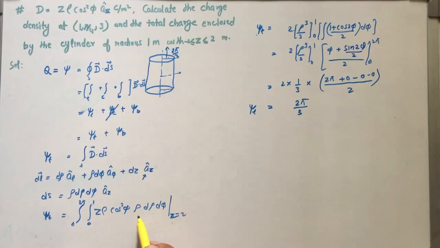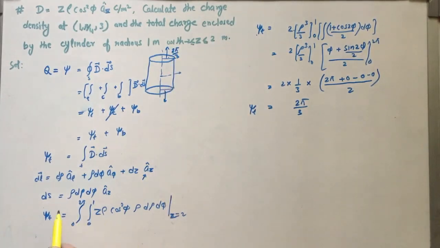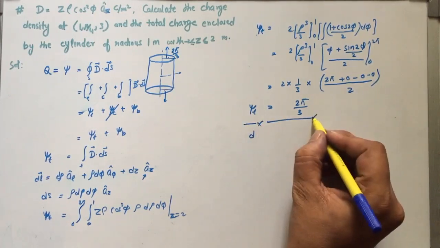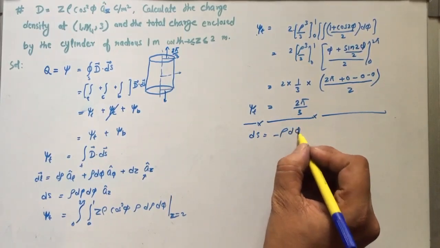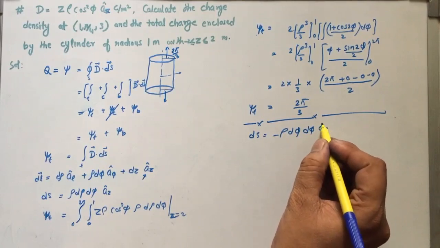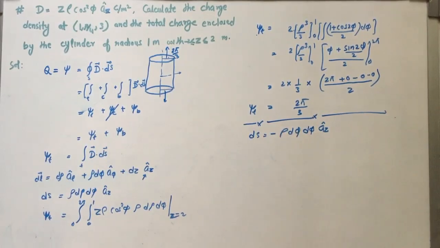And for the bottom surface, dS will be just opposite to this, dS will be minus rho d phi Az, because Az will be in the minus direction.